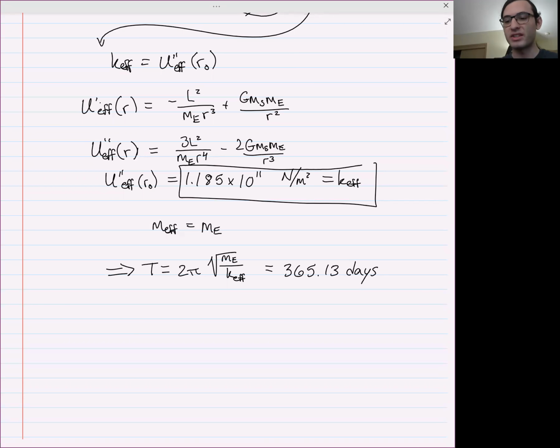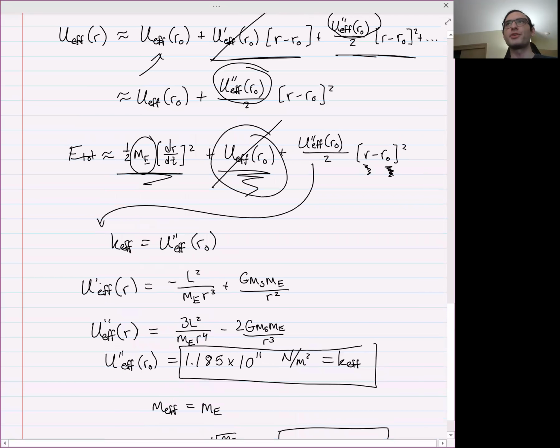And that's why this sort of approximation is good. All we knew starting out was the maximum distance that the Earth is from the sun and the minimum distance that the Earth is from the sun. And then we noted that those distances are close. So that means that the orbit should be approximately circular.